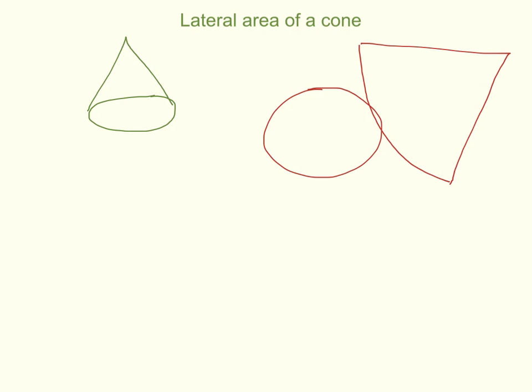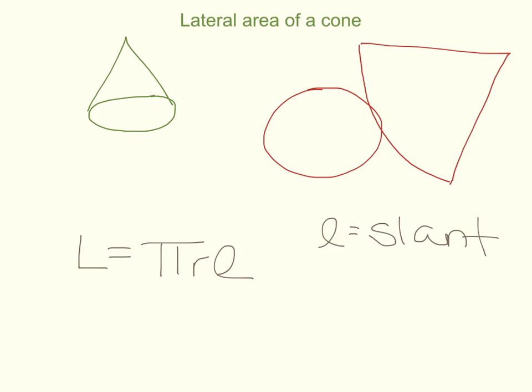So we don't really use the net of cones very often to demonstrate a cone. You just want to memorize the formulas for this one, which are pretty easy. Lateral area L is pi times radius times L, where L is the slant height, just like in pyramids, and radius is the radius of the circle.